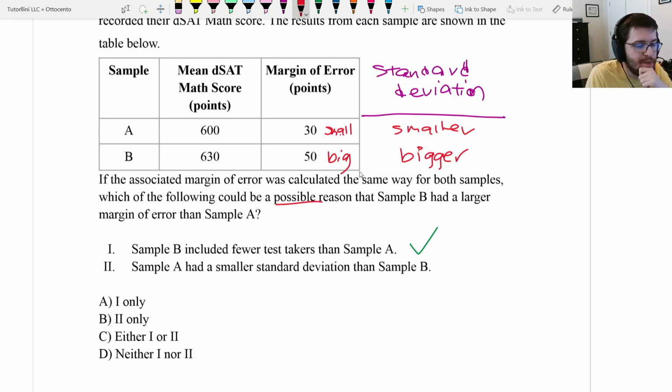So it could be due to that. So let's see, sample A had a smaller standard deviation than sample B. Yes, it did. Or yes, it could have. So either of those could be reasons that explain this difference in the margin of error. So the correct answer is either 1 or 2.